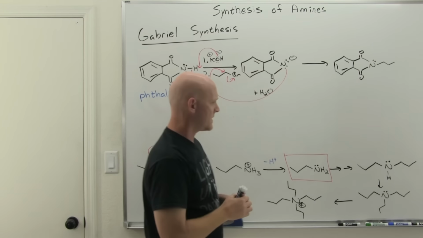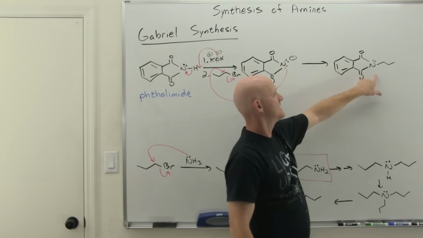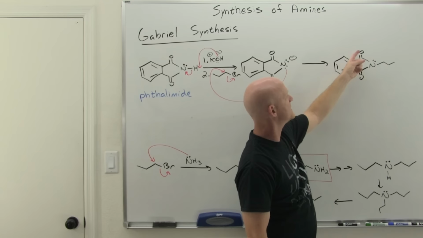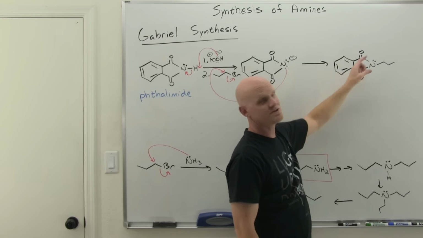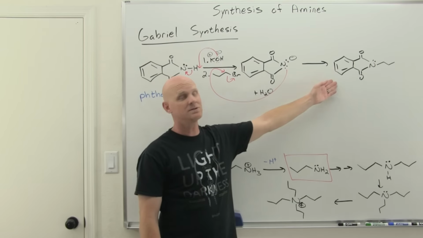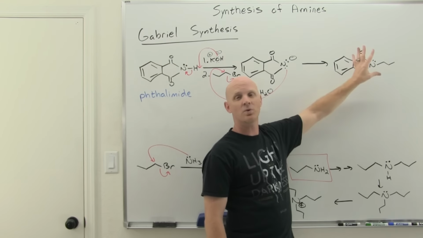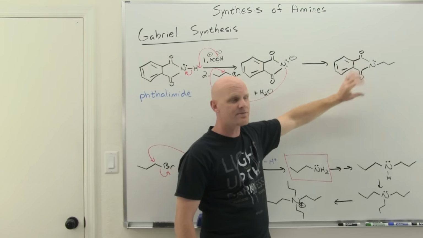What's nice, though, is that whereas an amine here itself can act as a nucleophile, an imide cannot. So the imide, again, that lone pair is delocalized with resonance with both oxygens here, and as a result, it's much more stable than an amine, and it's not a good nucleophile. With a negative charge, it's a decent nucleophile, but neutral, not so much, and so we don't have to worry about this reacting any further.